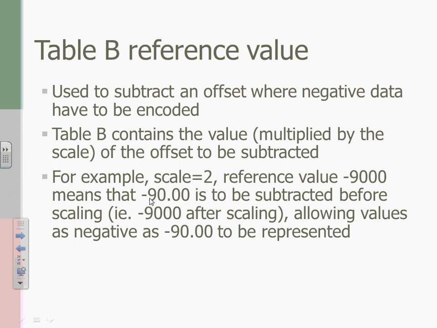So -1900 is to be subtracted before scaling, allowing values as negative as -19.00 to be represented. Probably you need a little bit of calculation, but you'd understand.